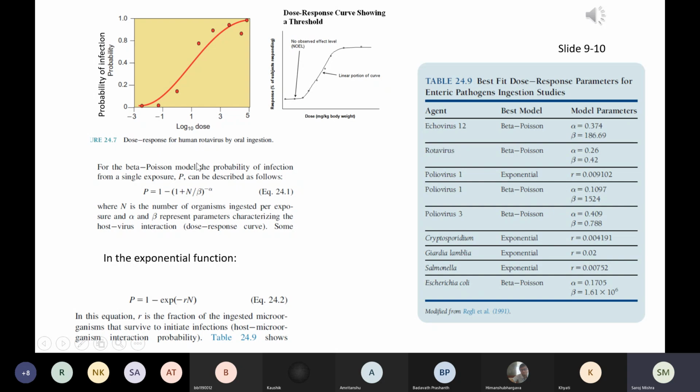Based on this data, you can calculate the probability of infection from a single exposure, called P, which can be calculated from the dose response curve and the constants in it. N is the number of organisms ingested per exposure. Alpha and beta are the constants derived from this dose response curve.